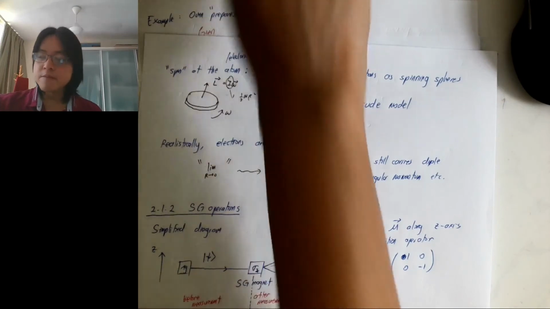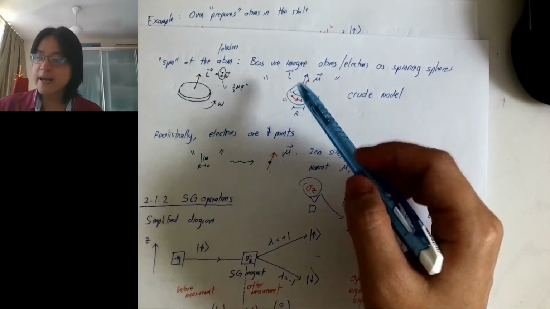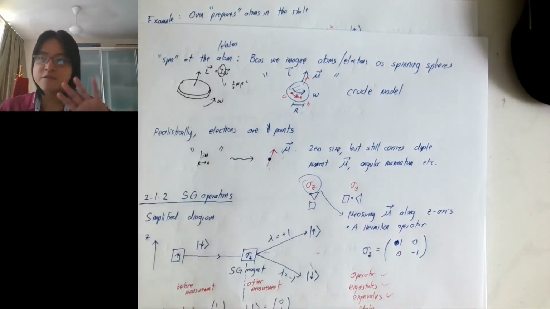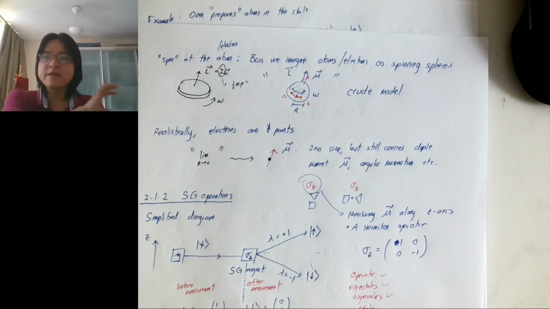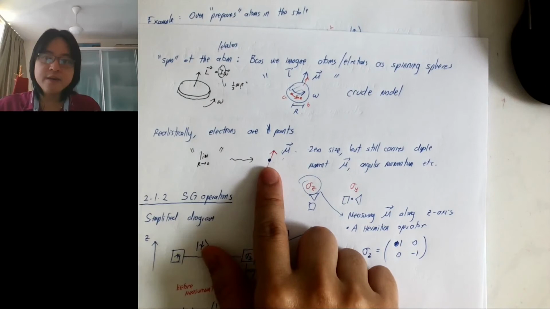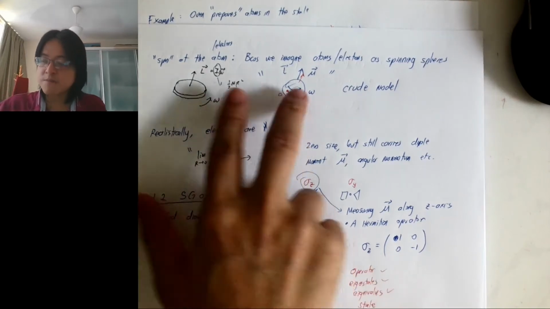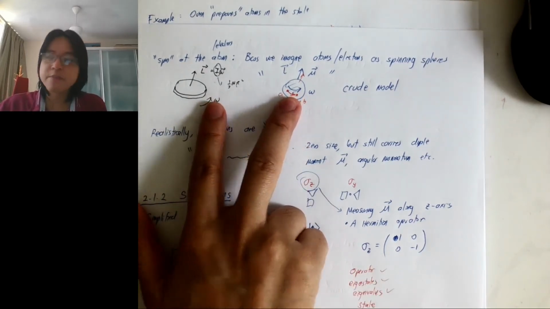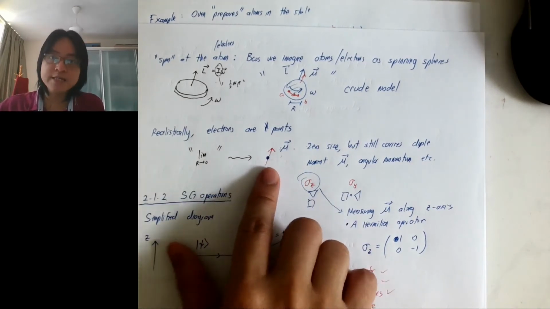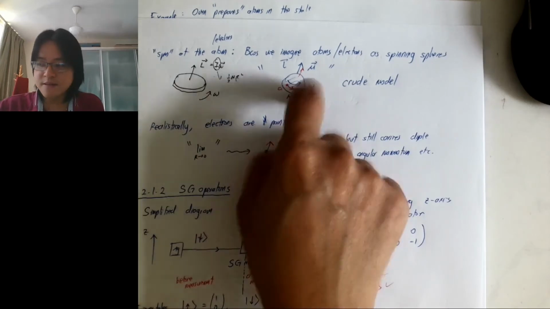Most of the time you might notice that I always give you pictures to imagine, but that is probably only for the first few weeks of this course, because we are coming from classical knowledge to quantum. Eventually we need to stop taking examples from classical mechanics, because the set of quantum phenomena is larger than the classical picture.